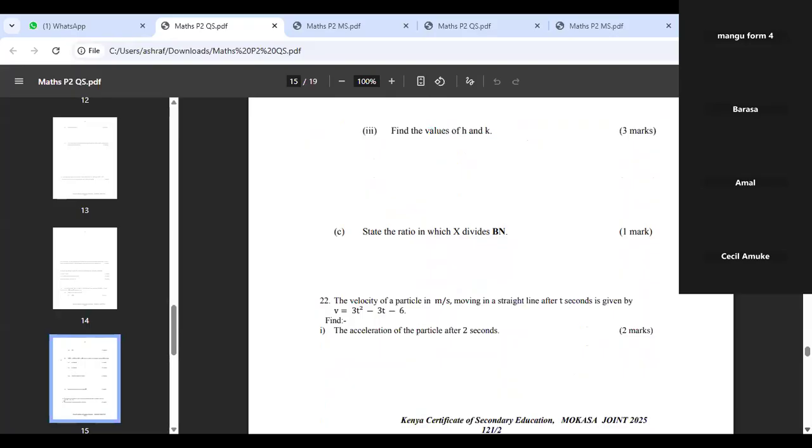Meaning from B to X is 6 out of 7 portions. So what is the ratio of BX to XN? They have asked BN, so let's start from B. BX to XN. What is the ratio? From B to X is 6 out of 7. So it means from X to N is 1.